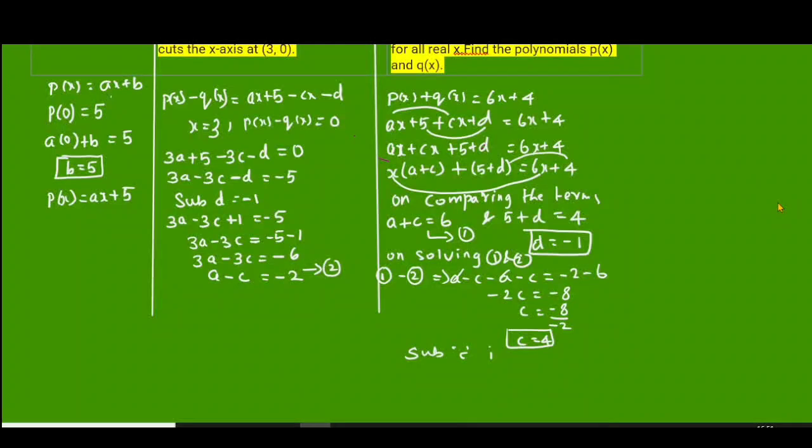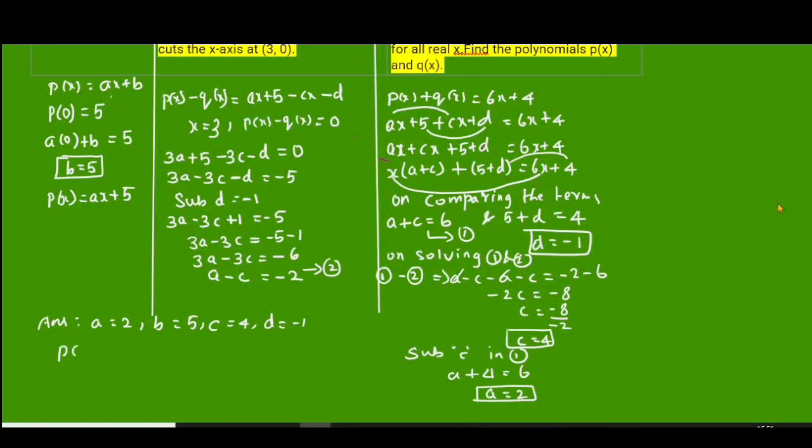Substituting c in 1: a plus 4 is equal to 6, which means a is equal to 2. So we got all 4 variables. We got a is 2, b is 5, c equal to 4, and d is equal to -1.